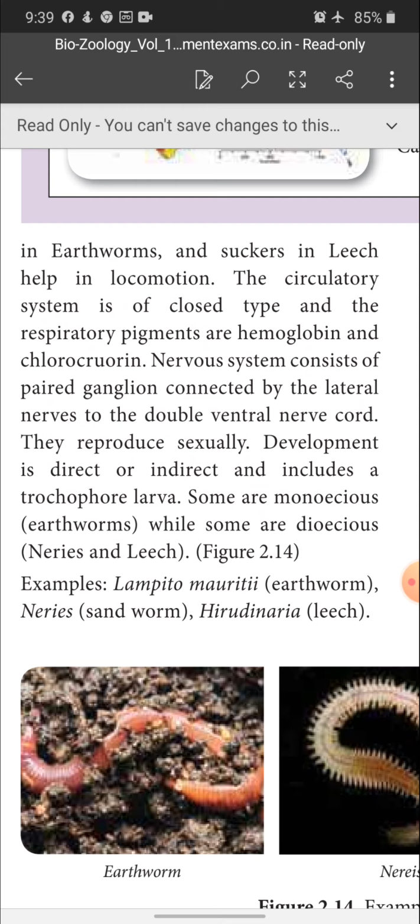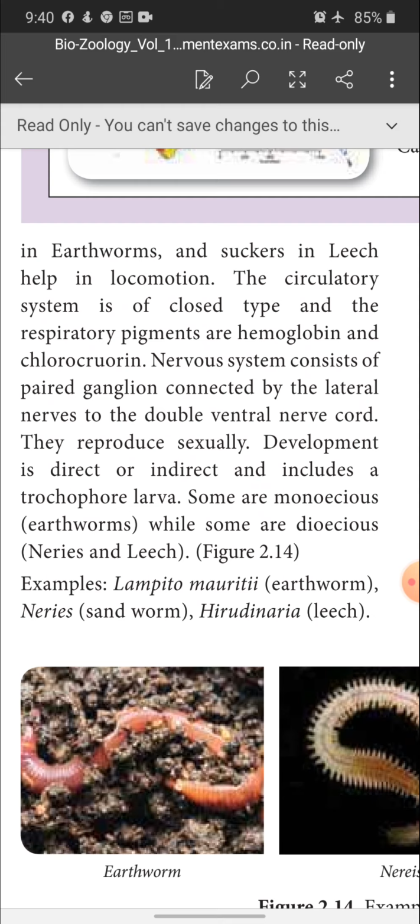About circulation. Circulation is of closed type, and the respiratory pigments are hemoglobin and chlorocruorin. Yes, it is a closed circulatory system, that is blood runs in confined blood vessels, and it consists of blood glands. In the blood, it has a respiratory pigment called hemoglobin as well as chlorocruorin.